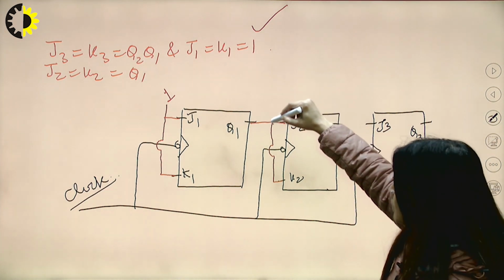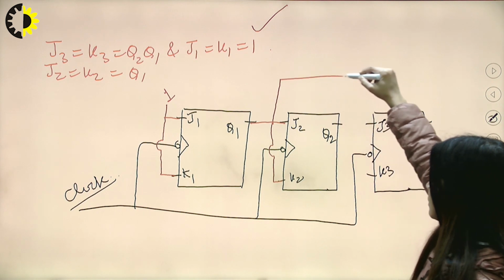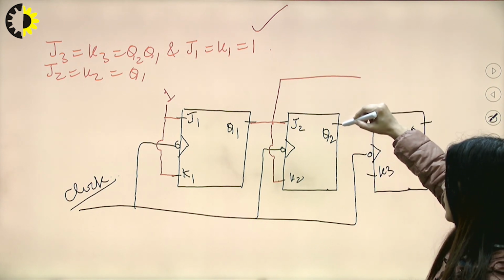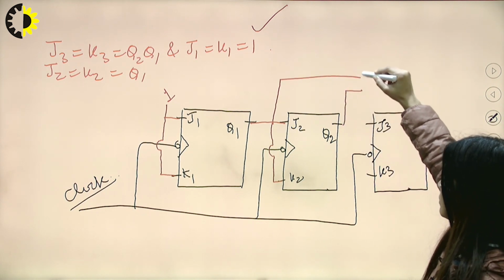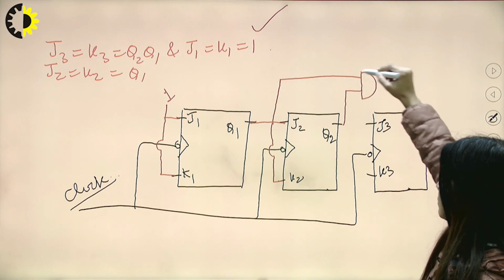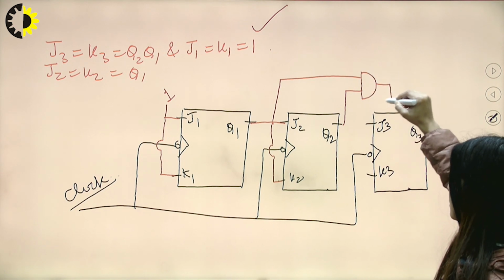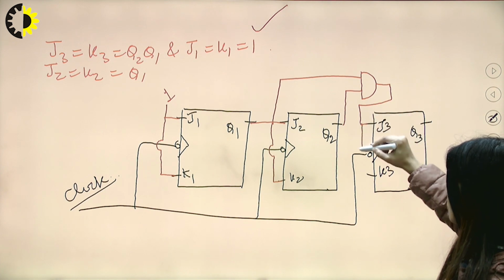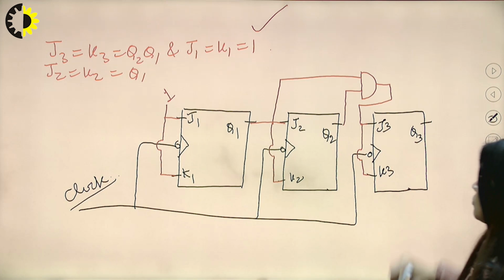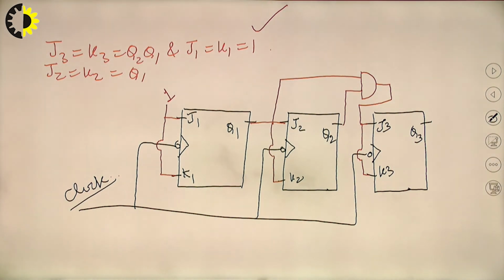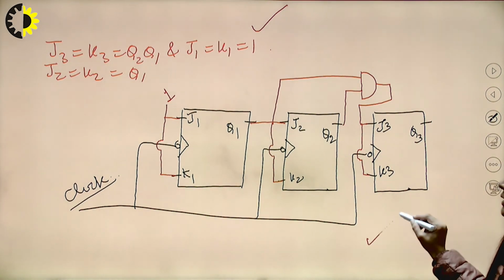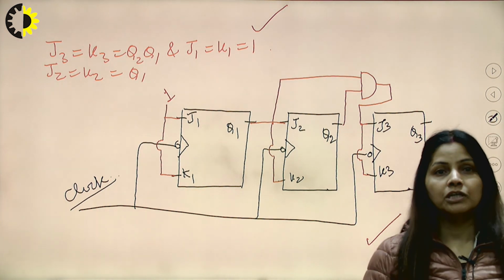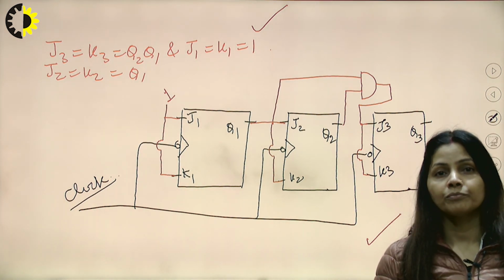So take Q2 out, Q1 out, and get this Q2, and also Q2 to K3. And hence we can design our synchronous counter using JK flip-flop. Thank you.